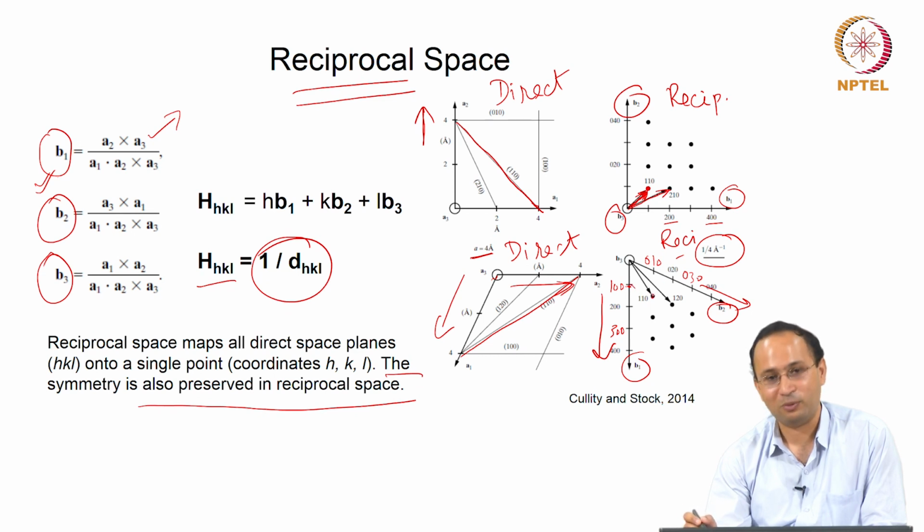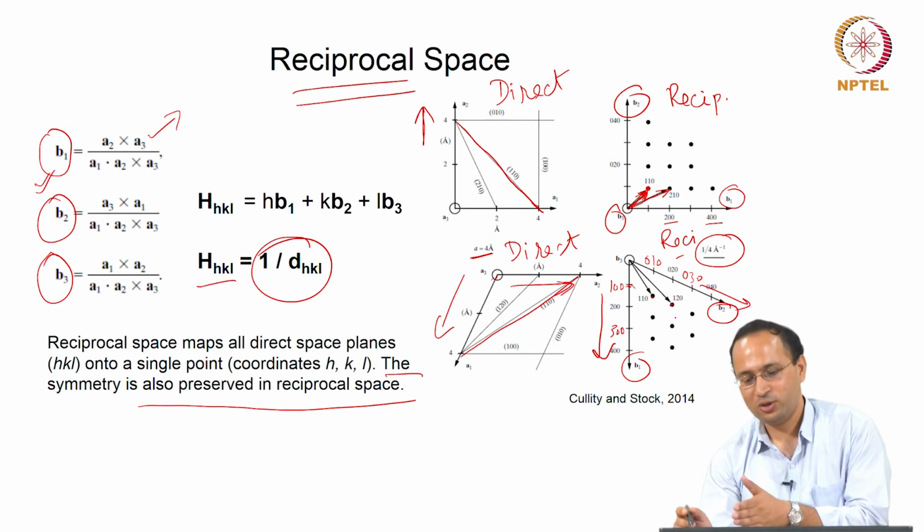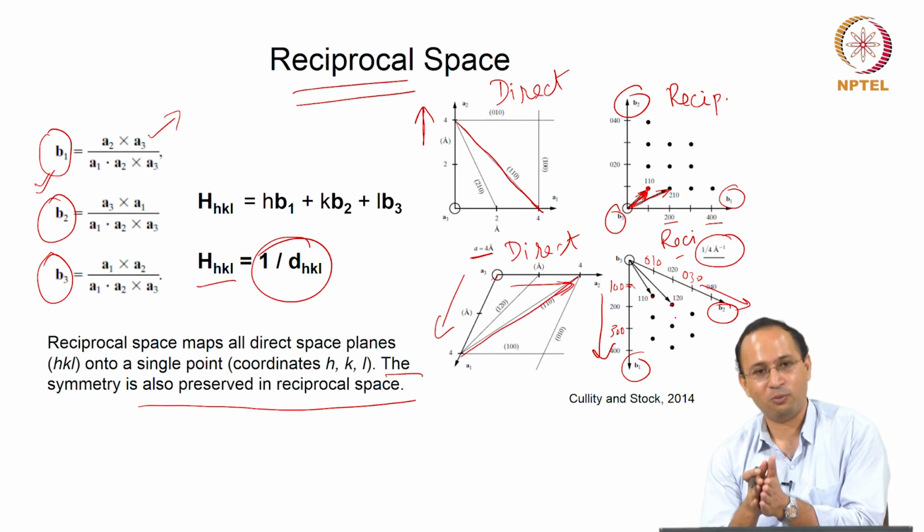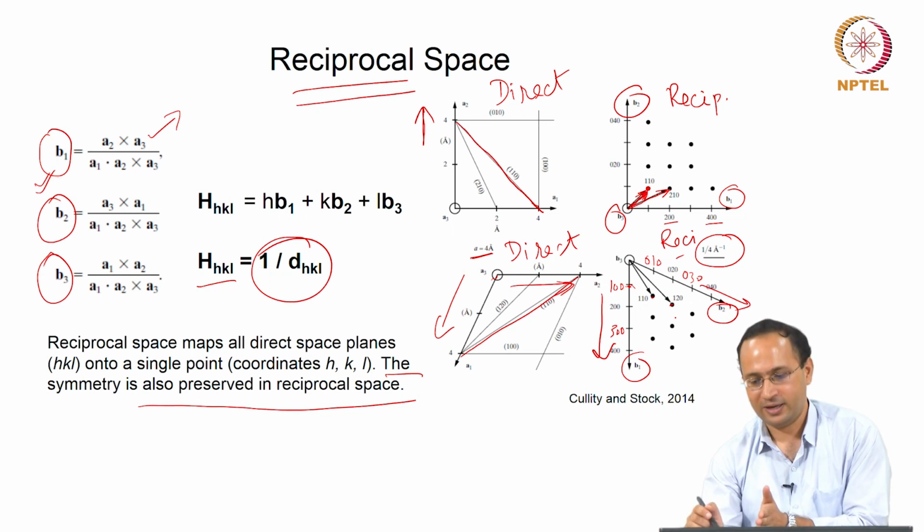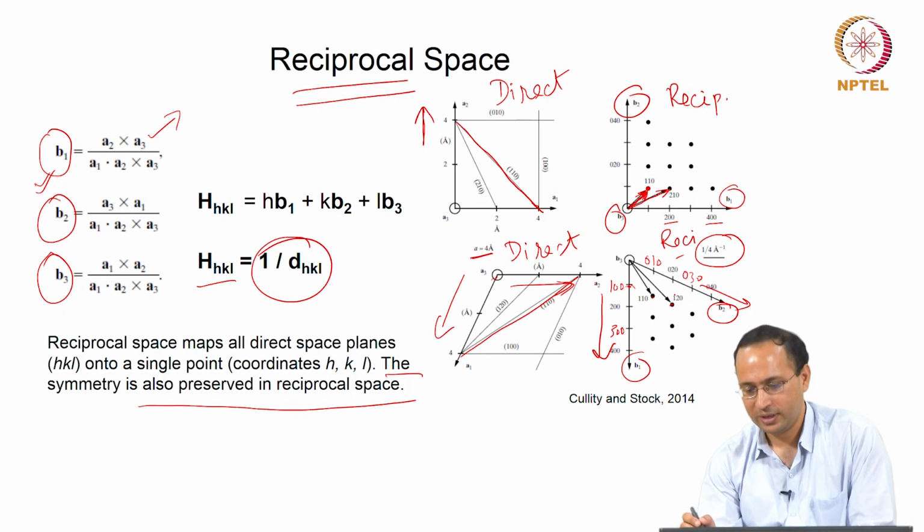So this is your 110, this is your 120, because 120 means along B1 it will have 1 intercept, and along B2 it will have 2. So how do you get here?